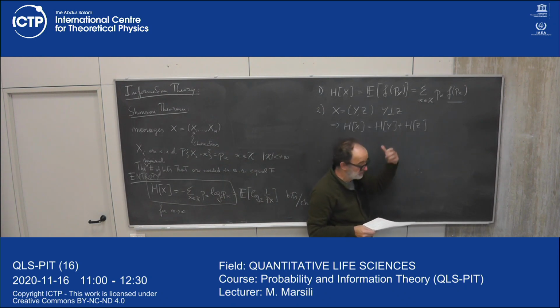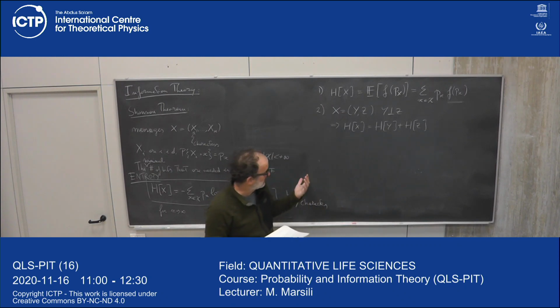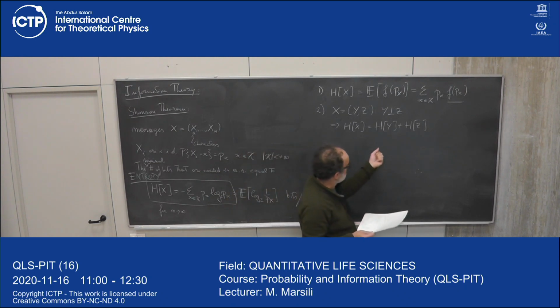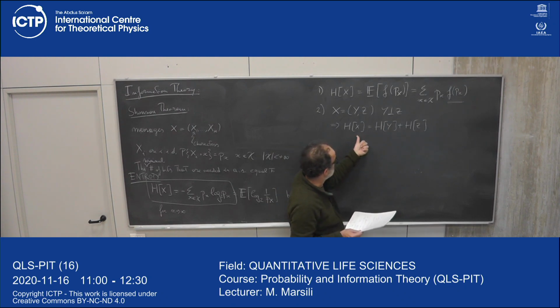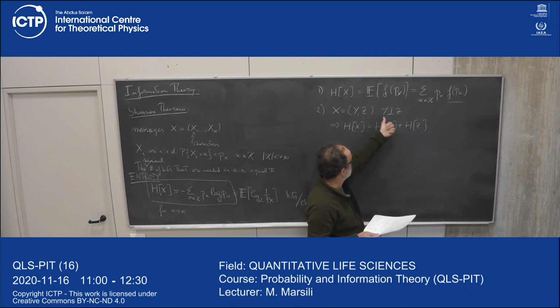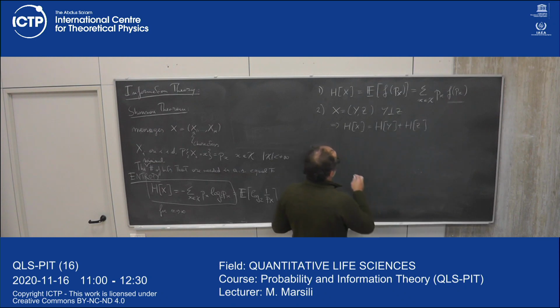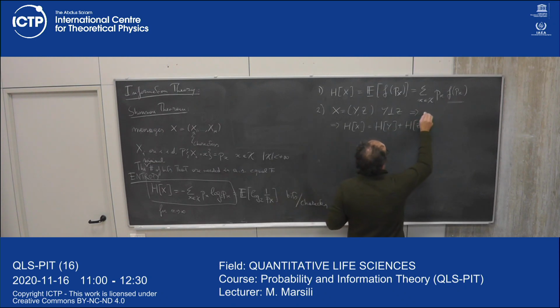So the number of questions that you have to ask in this case must be the sum of the number of questions that you have to ask for y and the number of questions you have to ask for z.